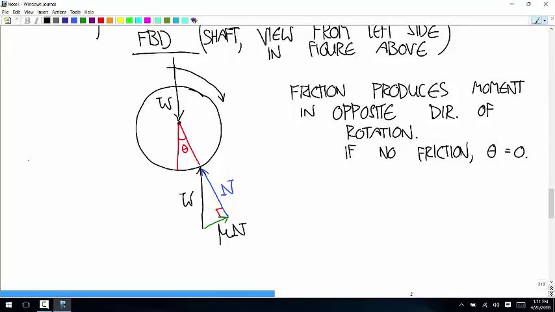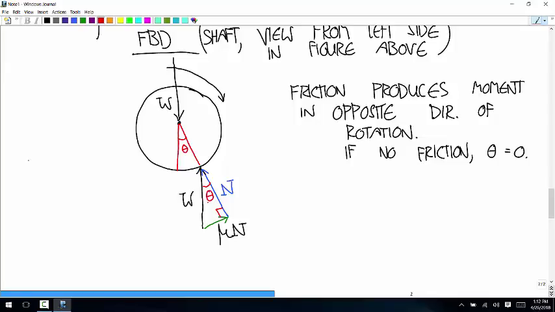Okay, so now we know a lot about this angle. If you think about it, this angle theta has to match the angle of this right triangle here. So we know a lot about that angle theta. If we know what the mu is, we can do the trigonometry and come up with that angle in degrees.